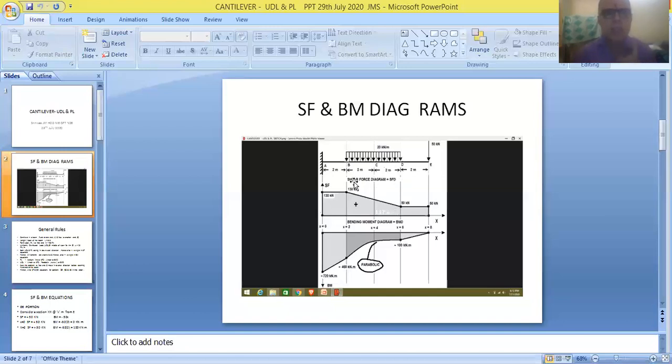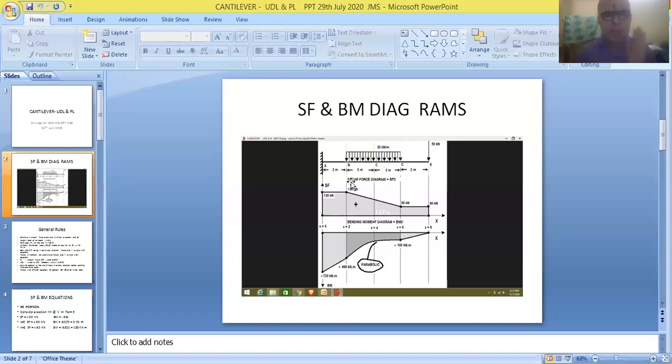So the UDL is starting at point B. We can see point B that is shown in the figure. Also, we can see one more point that is denoted by capital D. So point B is used for indicating the starting point of the uniformly distributed load, and point D for indicating the end point of the uniformly distributed load.